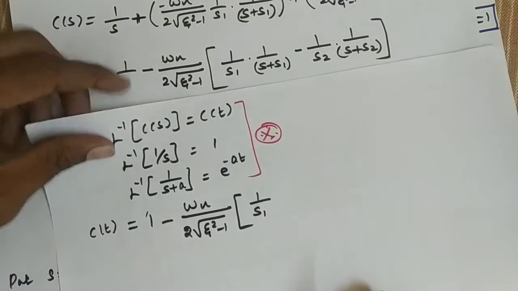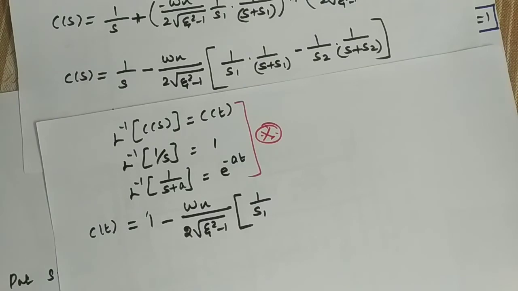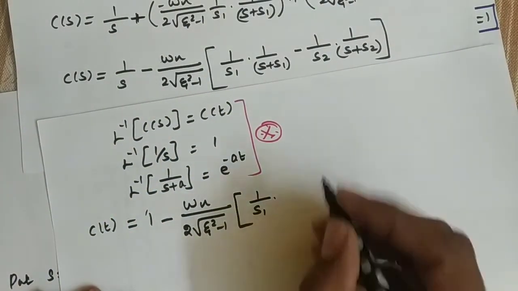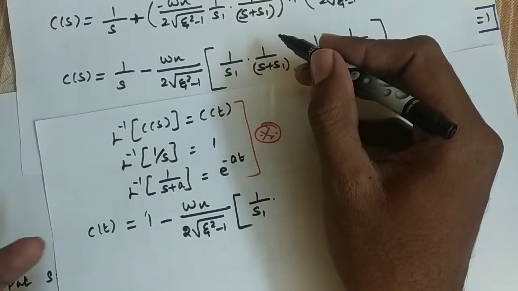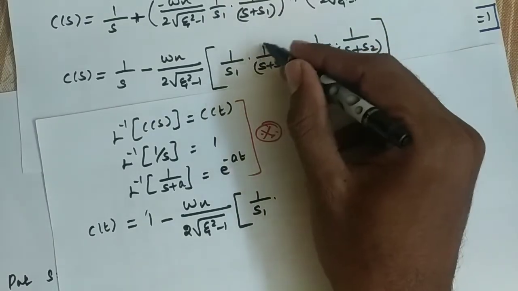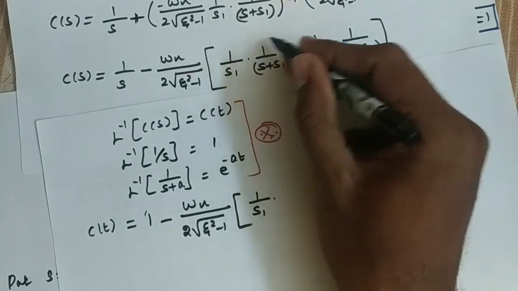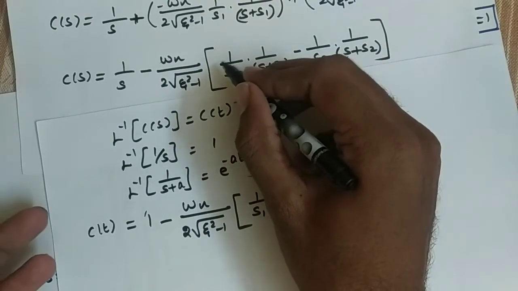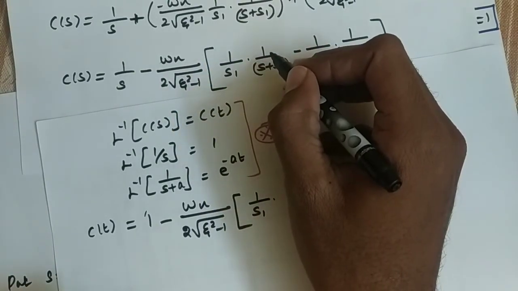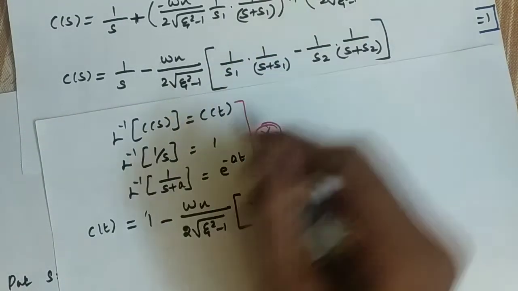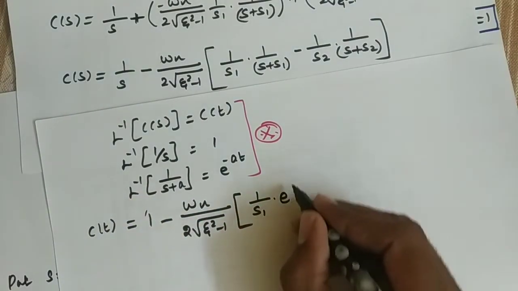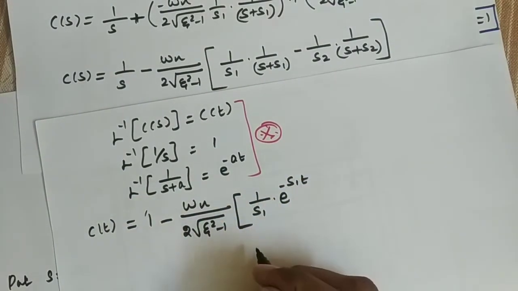The inverse Laplace transform is only taken for s-domain terms. So 1 by s1 will be 1 by s1, and wherever we have the s term, it is only applicable for the inverse Laplace transform. So this is 1 by s plus s1. Whatever constant term is added to or multiplied with that s-domain term will stay the same here. So 1 by s plus s1 is similar to the formula here, so e power minus s1 t.